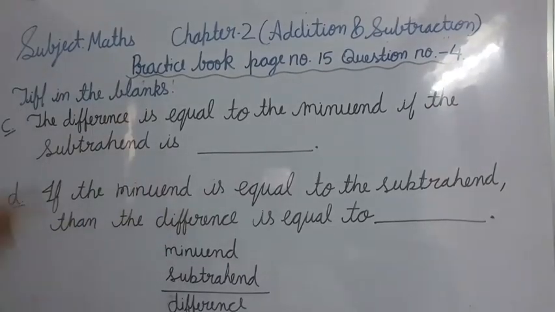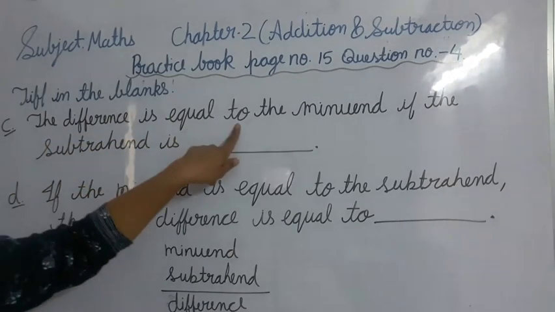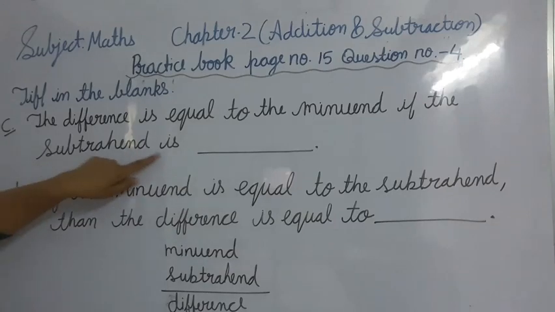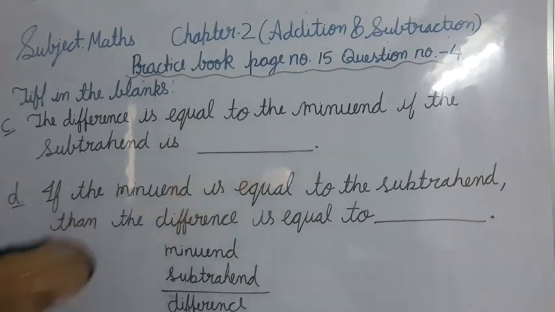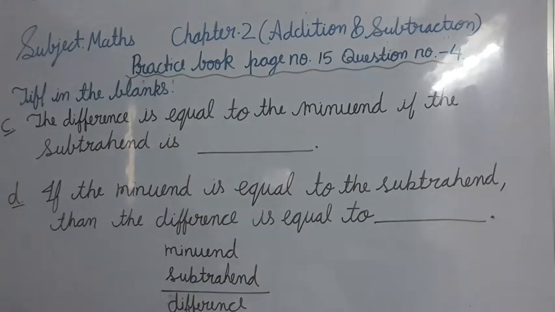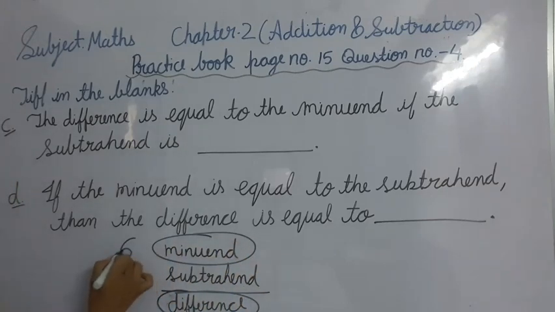Now the C1, fill in the blank. The difference is equal to the minuend if the subtrahend is blank. So what will come here? To understand this, let's take an example, or we'll take digits to solve this. The difference is equal to the minuend. Means this difference and this minuend are equal. If I am writing here 6, here also 6.